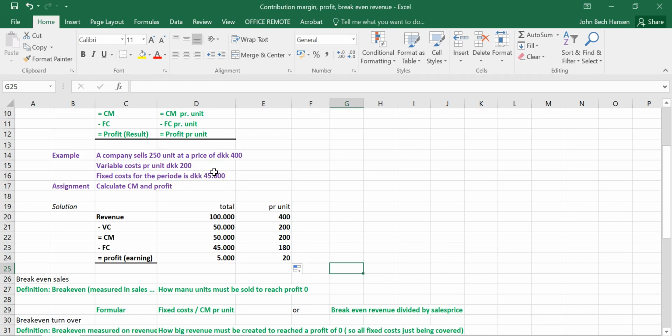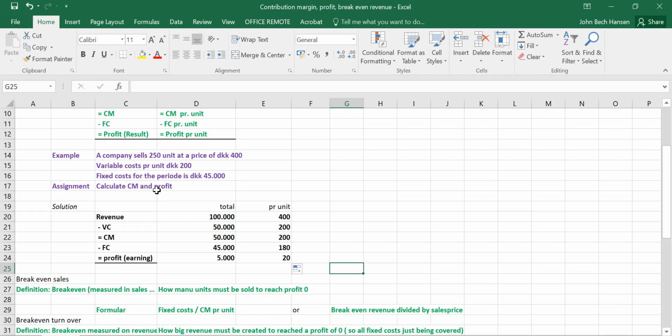Break even is quite important to know, especially if you are considering starting up. If this here was a budget, a forecast, what we expected if we would open up a business, then we can say, well, this is what we expect that we will do every month.